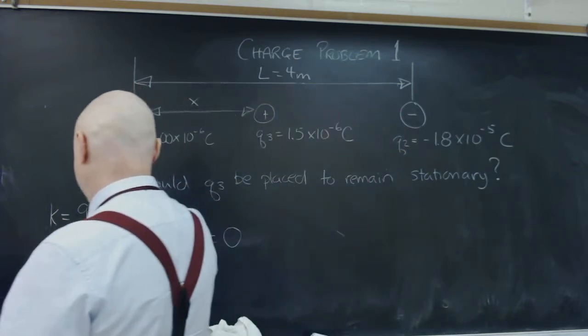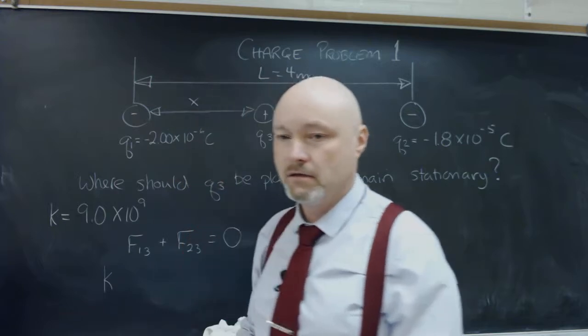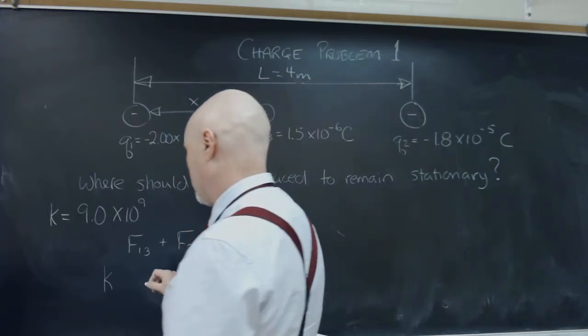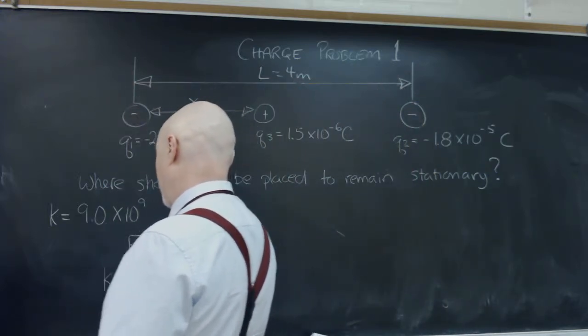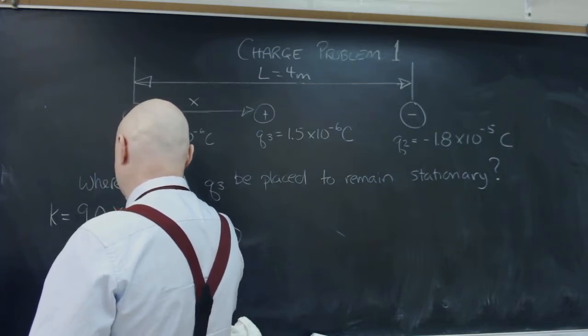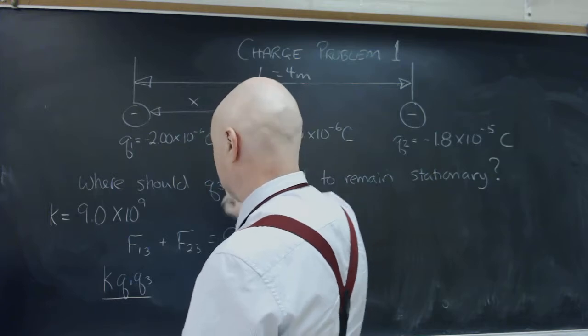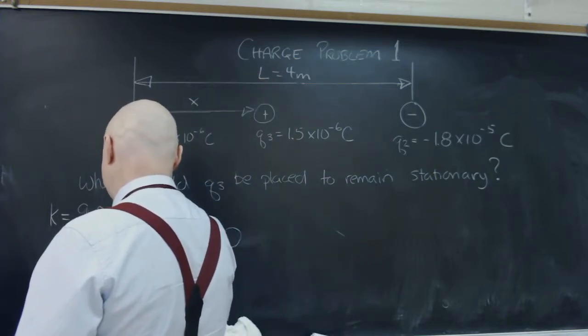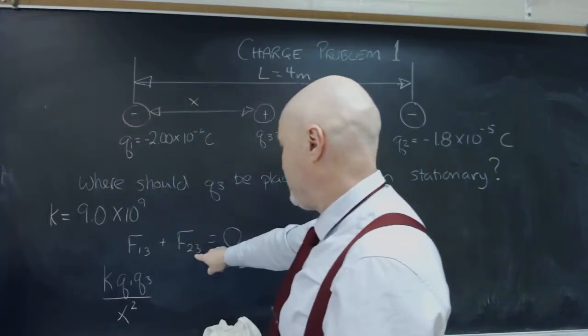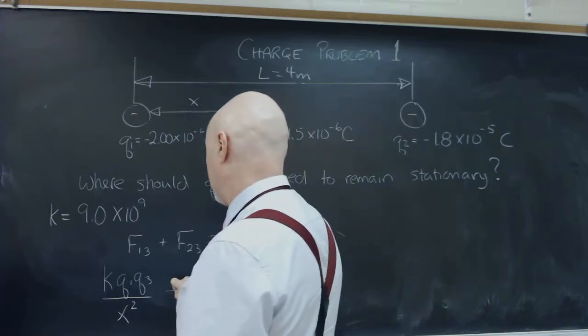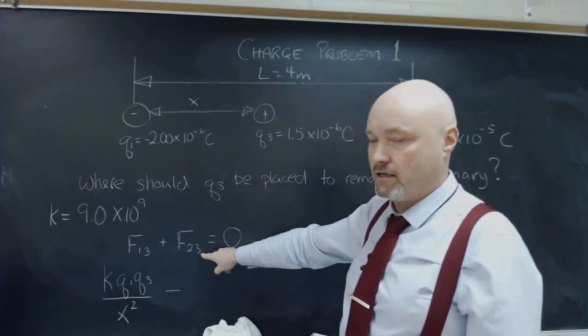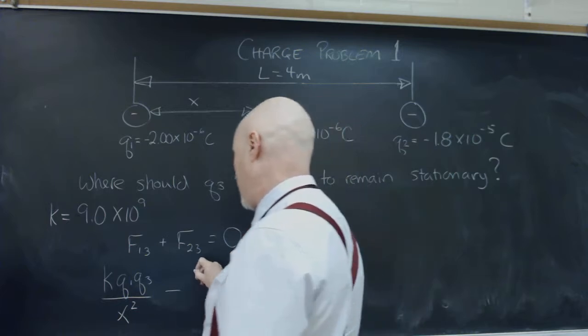Well, that's pretty easy. K, which is 9 times 10 to the exponent 9, times Q1 times Q3, all over my distance, which I've said is x squared. And then because this is in the opposite direction, oh, I said the other way was positive, but that's okay.